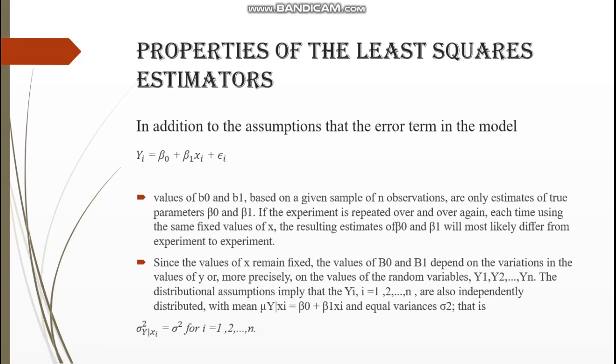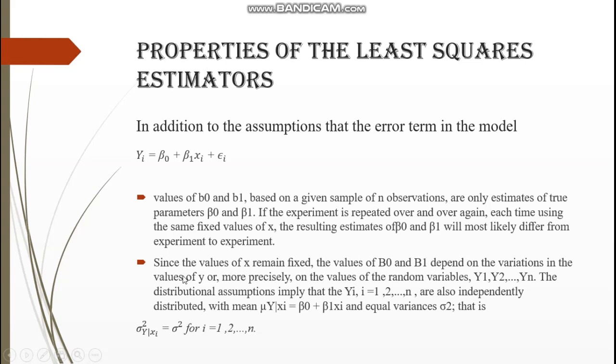If the experiment is repeated over and over again, each time using the same fixed values of x, the resulting estimators of beta 0 and beta 1 will most likely differ from experiment to experiment.